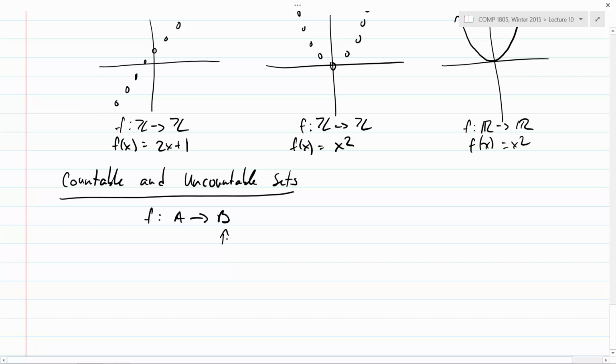Then it can't be an injection. So if I can give you a bijection between two sets, then the sets have to be the same size.